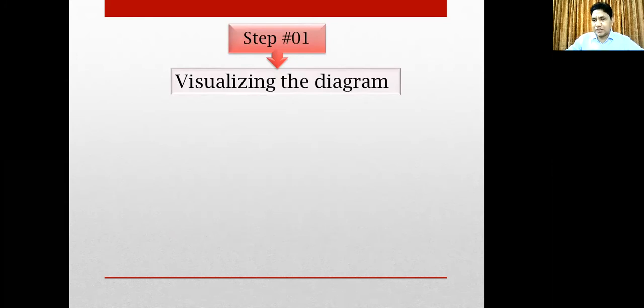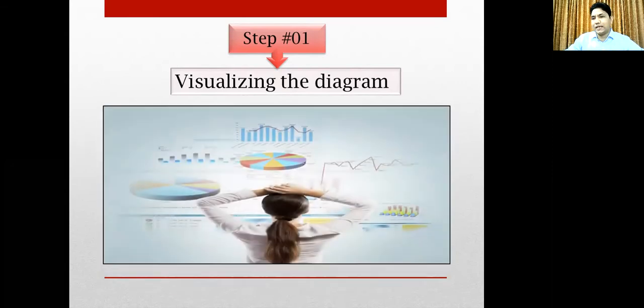You have to understand whether the given diagram is a pie chart or a bar graph or bar chart or line graph. So after getting the question paper in your hand, you have to find out whether it is a pie chart or a bar chart or a line graph.